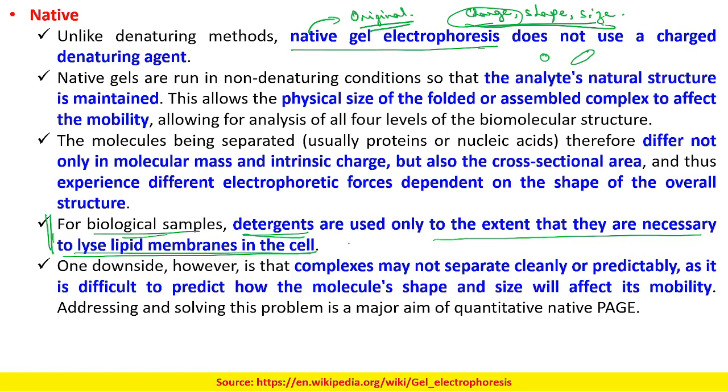So if you have to extract nucleic acids like DNAs or RNAs from the microbes, you just want to disrupt the outer cell. You do not want the denaturing agents to interact with your nucleic acids like the DNAs and the RNAs, or the proteins.